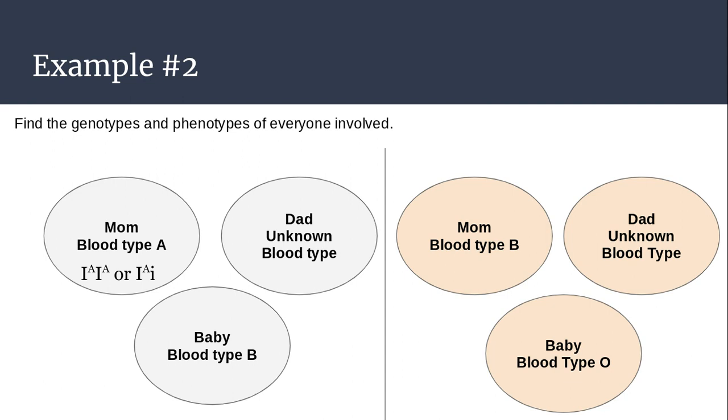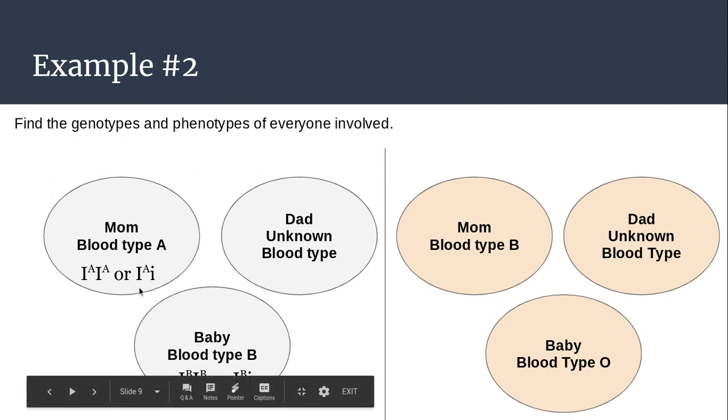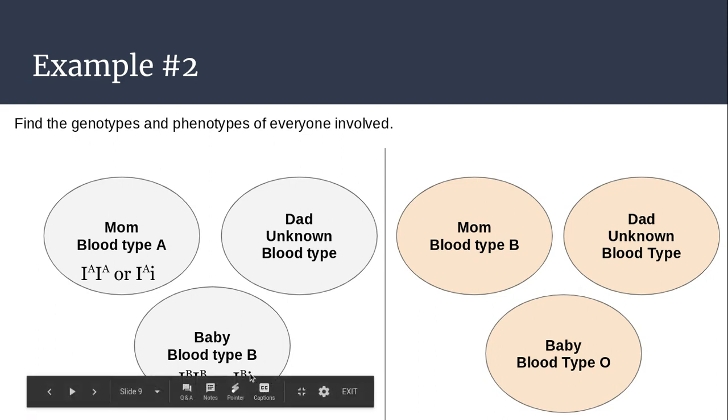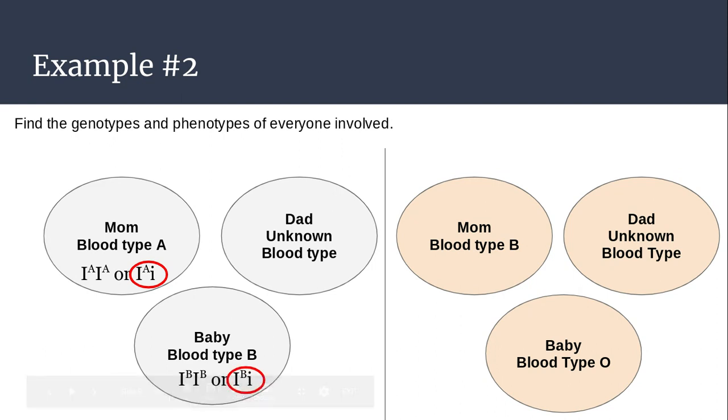Dad is unknown, but we do have some information about baby. We do know baby is either going to be big B, so purebred for blood type B, or is going to show the heterozygous form. Looking at this, I can tell you right now that baby got a little i from mom, and therefore mom has to be the heterozygous form because it got that little i right here, which of course is covered by that, right from mom, because you'll notice that it's blood type B. Mom doesn't have a B to offer, so that means dad has to be one of these two options.